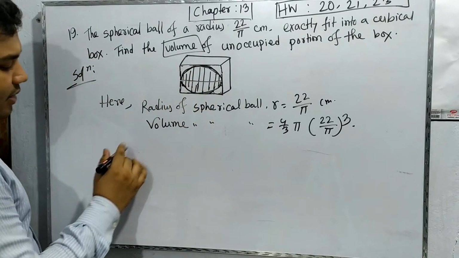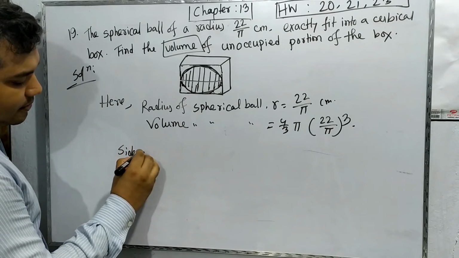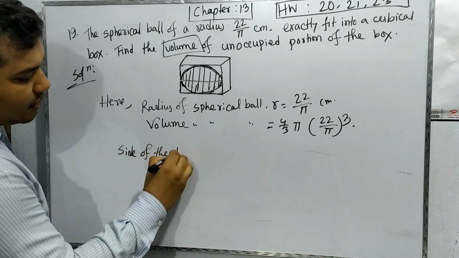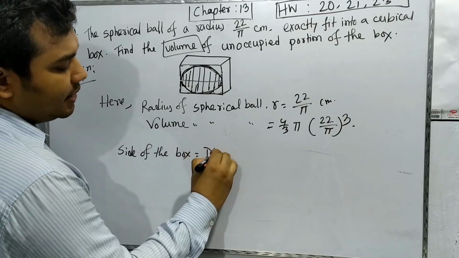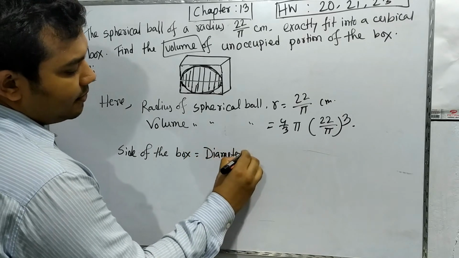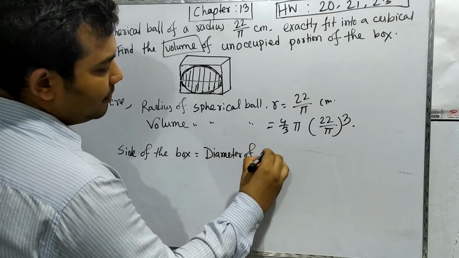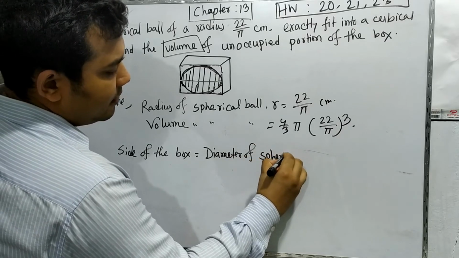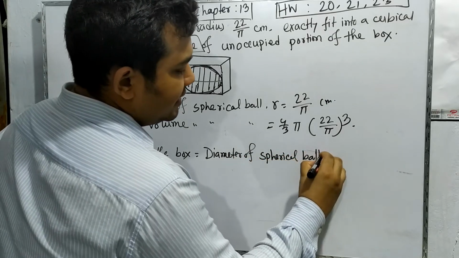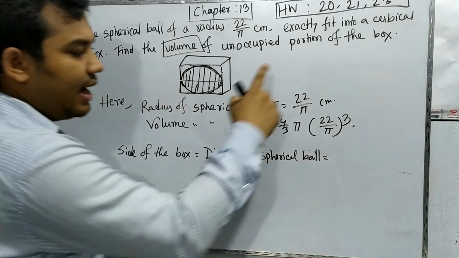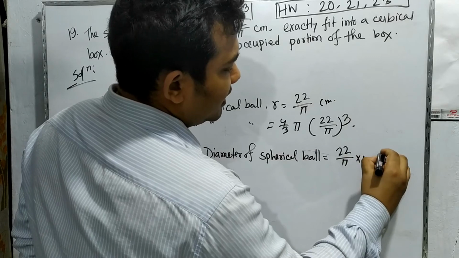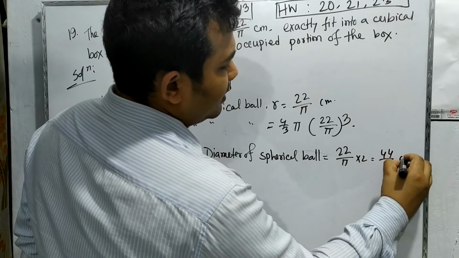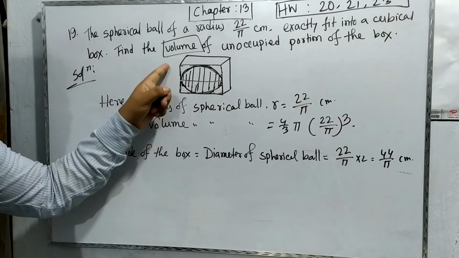So the side of the box is equal to the diameter of the spherical ball. Just multiply by 2, then it is 44 by pi centimeter. This is one side.